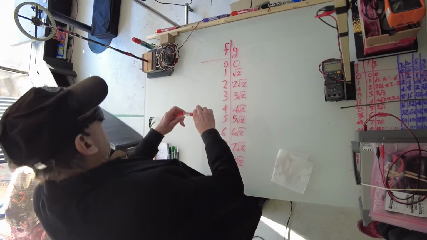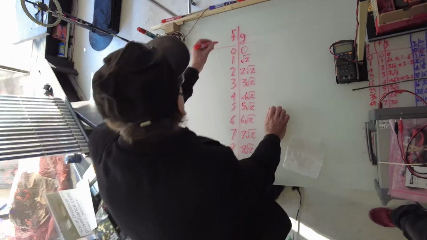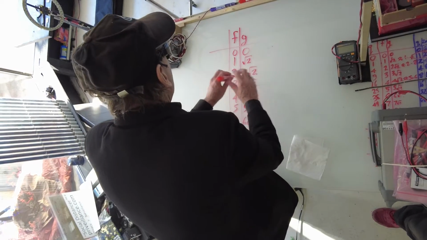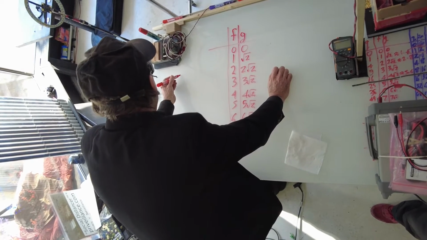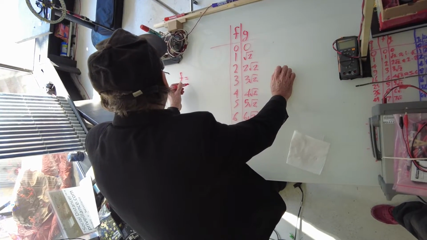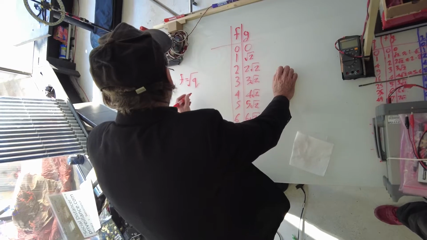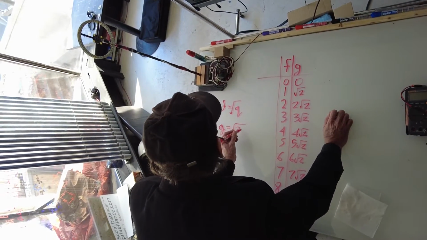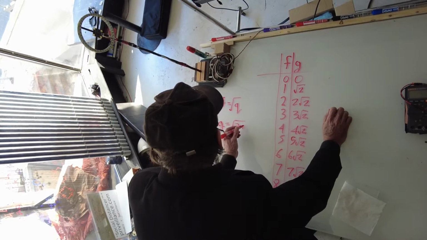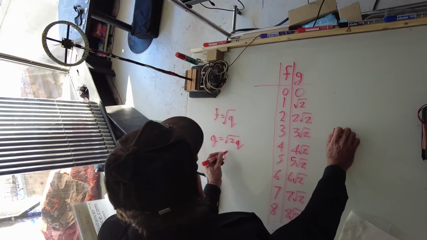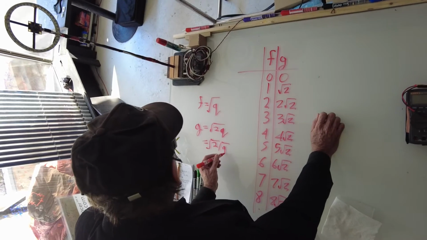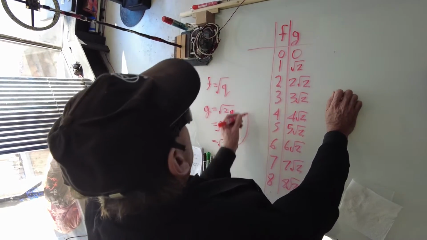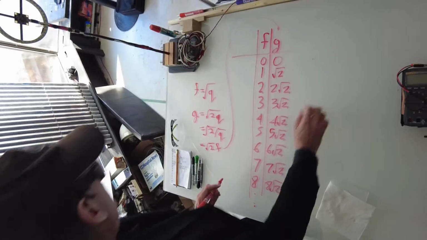And then implicitly underlying this, the example that we were considering, we were considering f equals square root of q, and g equals root 2 q, which equals root 2 root q, which equals root 2 f, i.e. this is right here.